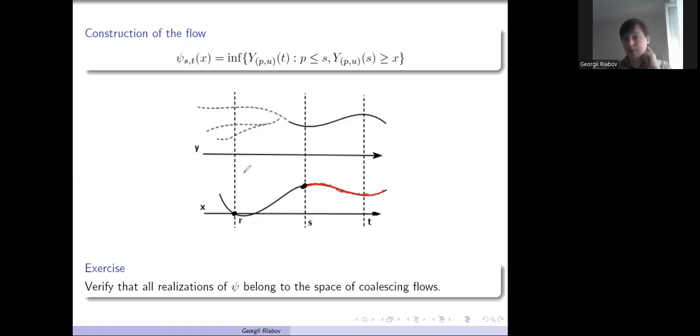And as an exercise, I suggest to verify that all realizations of our space of flows satisfy all four properties in the definition of omega. Three of them we already verified for y.